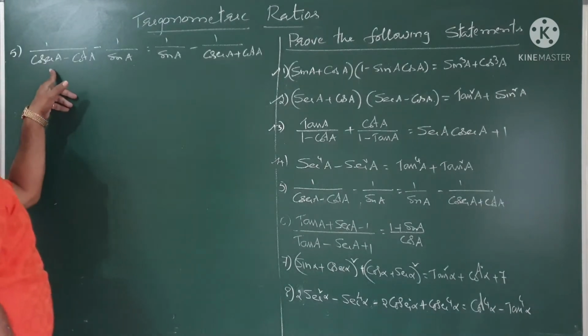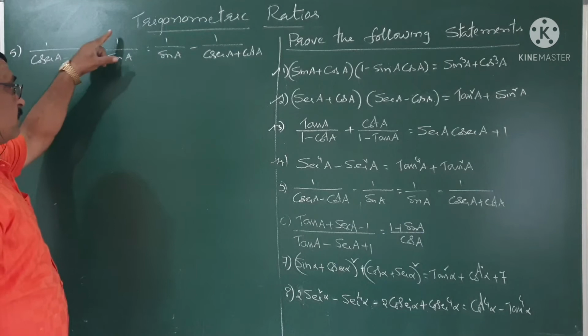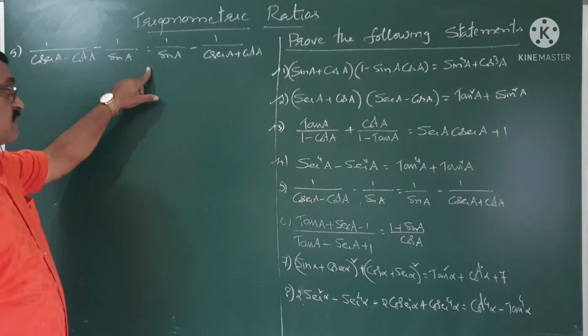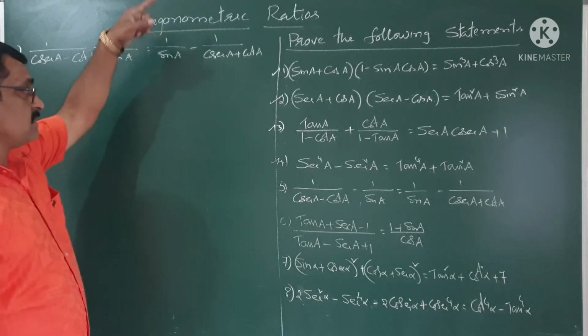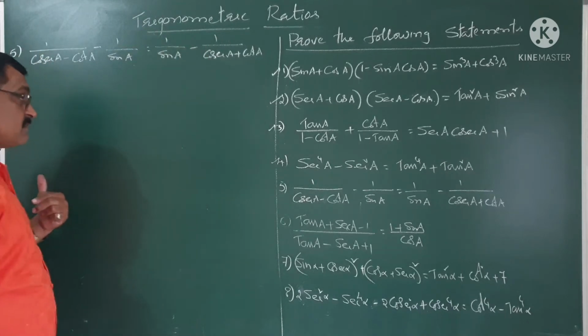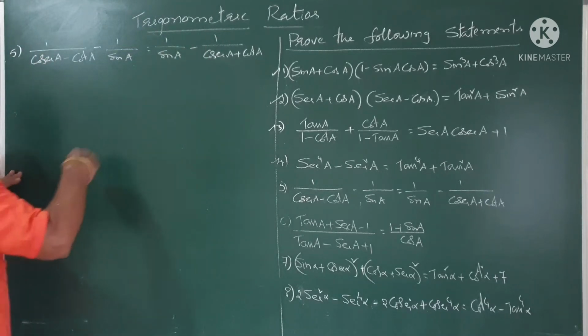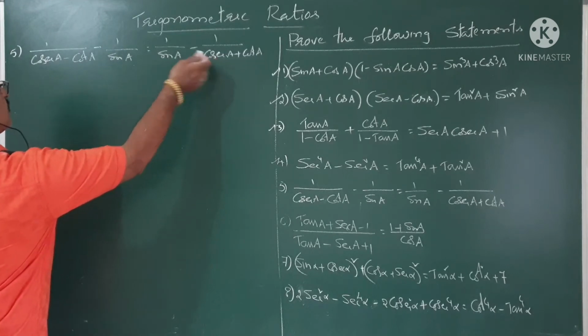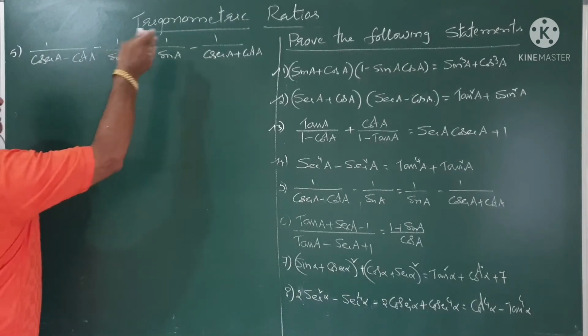Fifth question, 1 upon cosecant a minus cot a minus 1 upon sin a is equal to 1 upon sin a minus 1 upon cosecant a plus cot a. Proving this is the same as, just interchange this cosecant a plus cot a here and 1 by sin a that side.